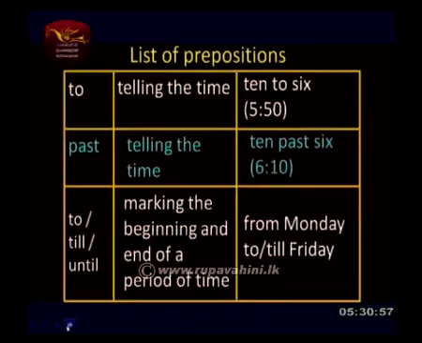Then past, the preposition past you can use telling the time. You can tell a time 10 past 6. Then we have these three prepositions together, to, till, until. So these prepositions are used marking the beginning and end of a period of time.